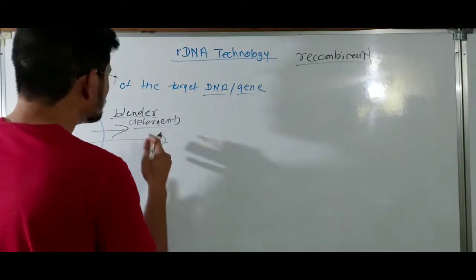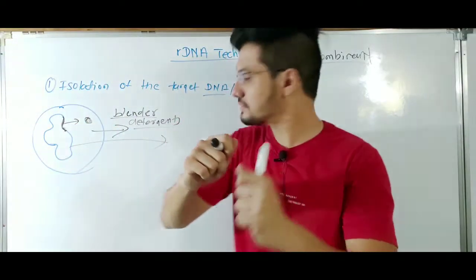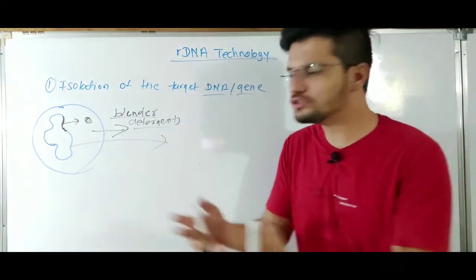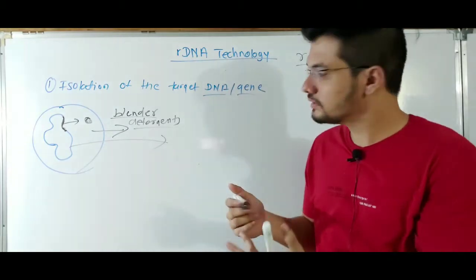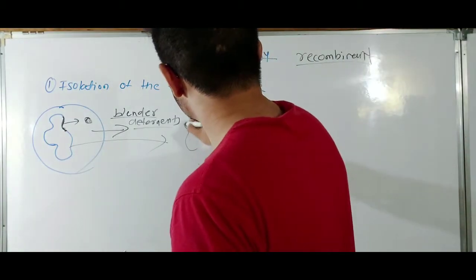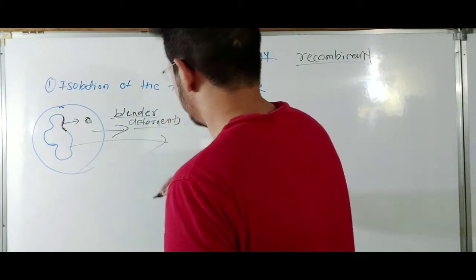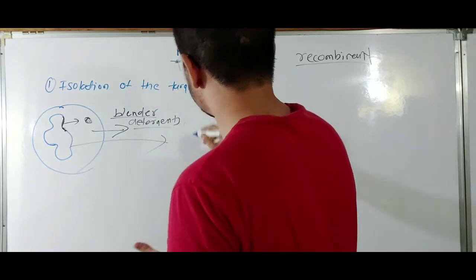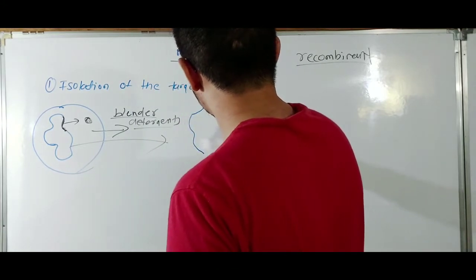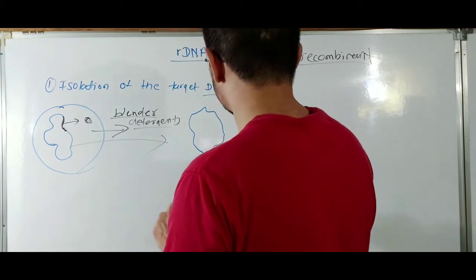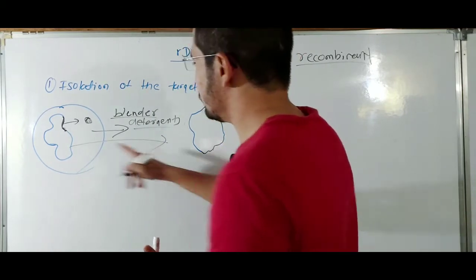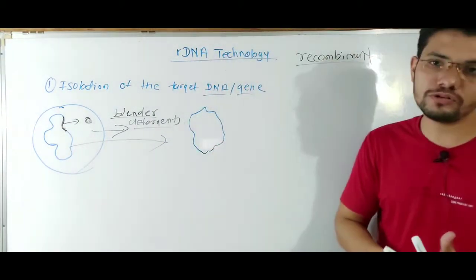In this way, using various techniques, we isolate this DNA, which contains our target gene, the insulin producing gene.